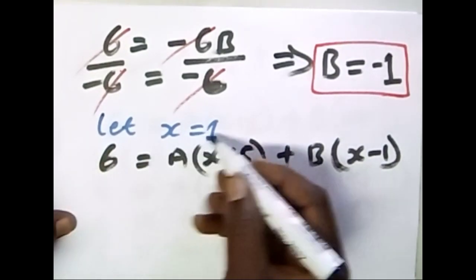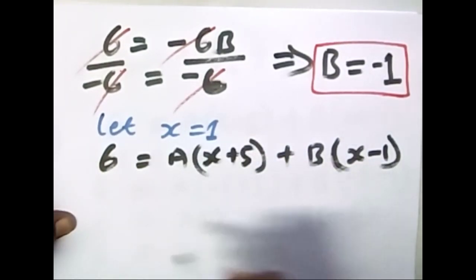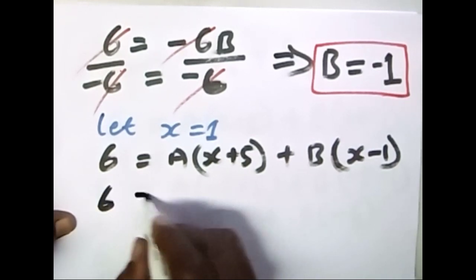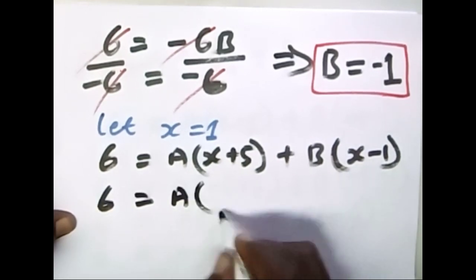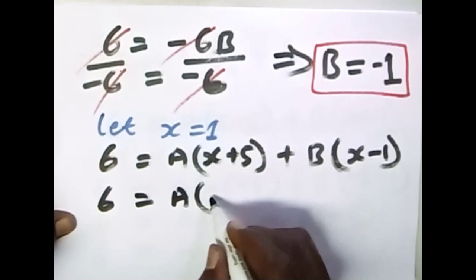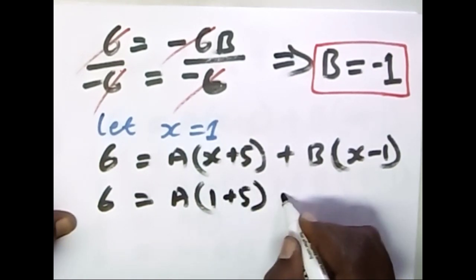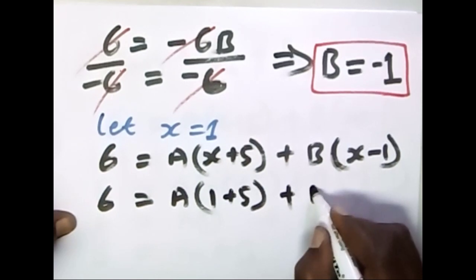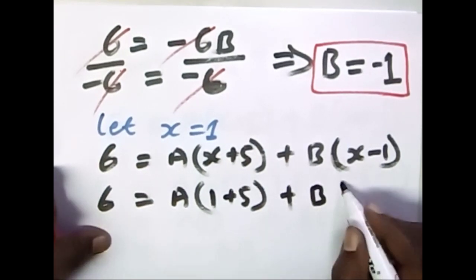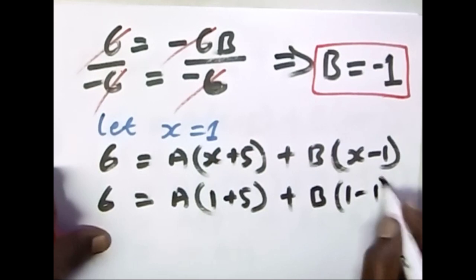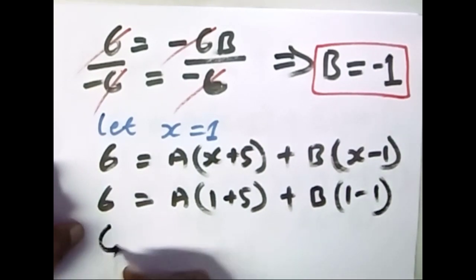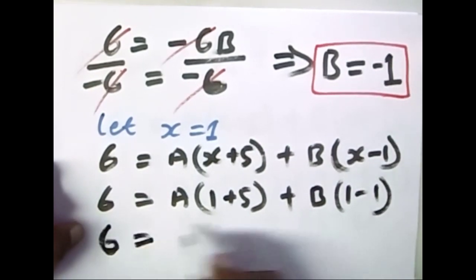So let's substitute x equals 1 into this same expression. I have 6 equals a into 1 plus 5 plus b into 1 minus 1. So again, 6 equals, what is 1 plus 5?